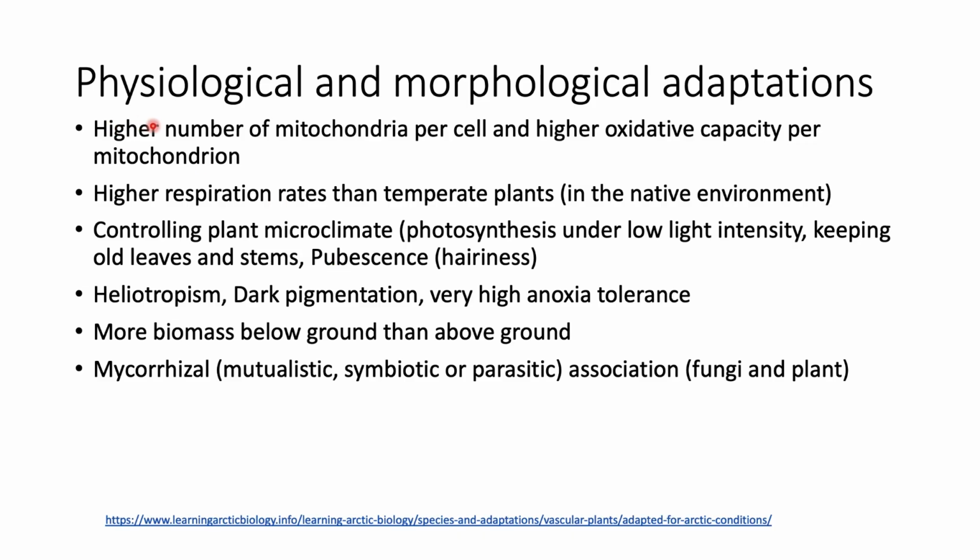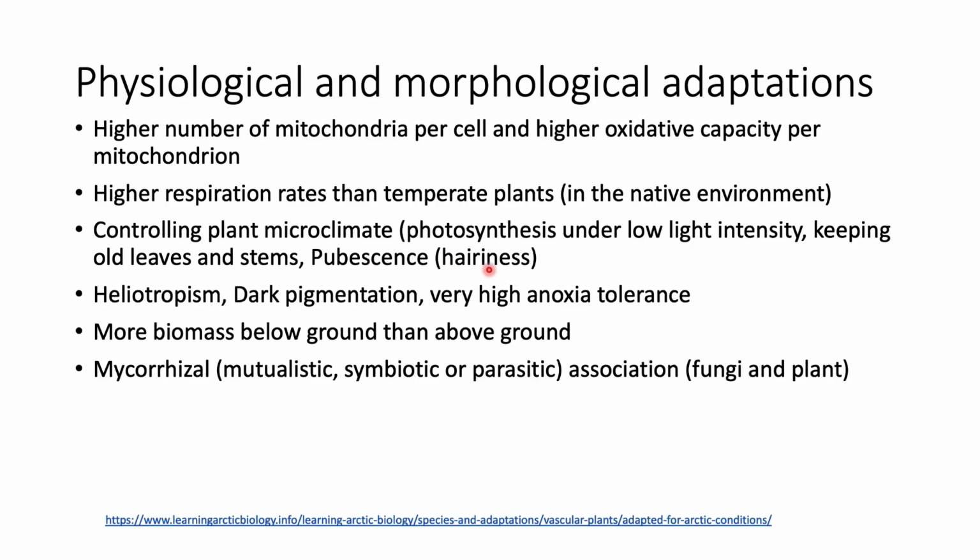Let us look at some of the physiological and morphological adaptations. A higher number of mitochondria per cell and high oxidative capacity per mitochondrion. Higher respiration rates than temperate plants, with respect to the native environment. Controlling plant microclimate, that is photosynthesis under low light intensity, keeping old leaves and stems.